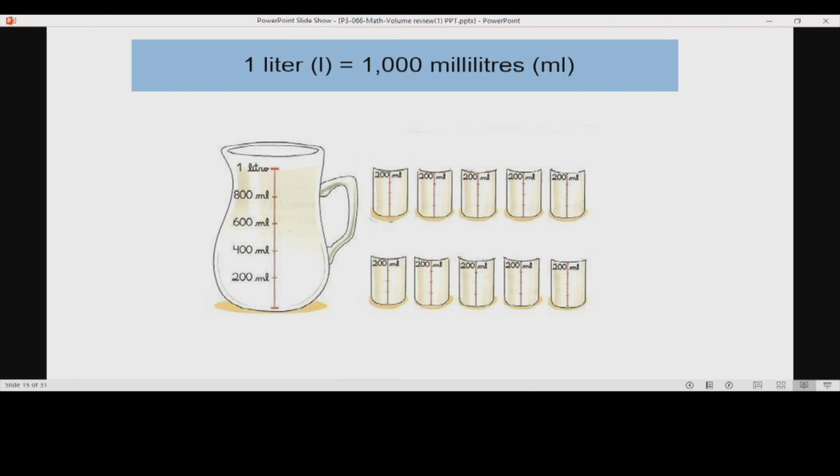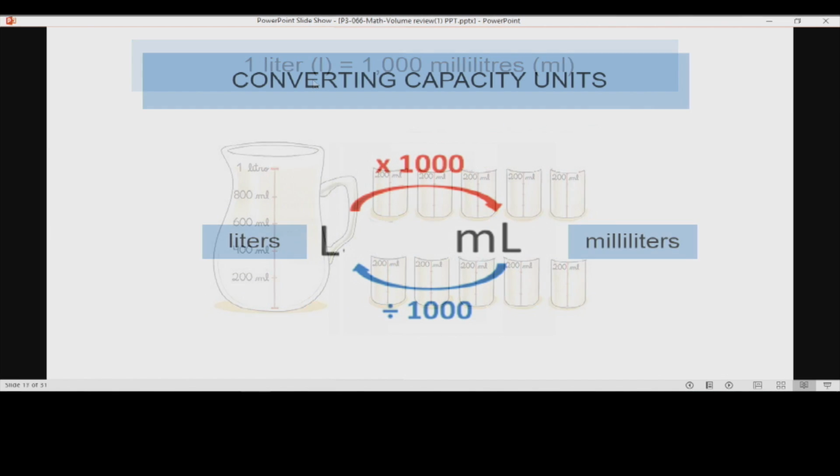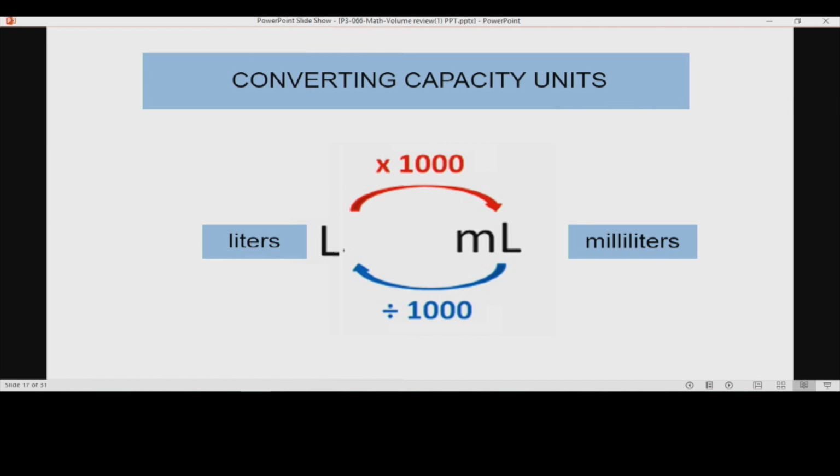Yes, because 5 times 200 millilitres equals 1,000 millilitres, and we know 1,000 millilitres is 1 litre. Well done. So from litres to millilitres, our converting rate is 1,000.